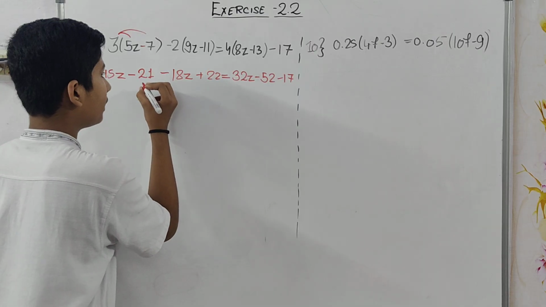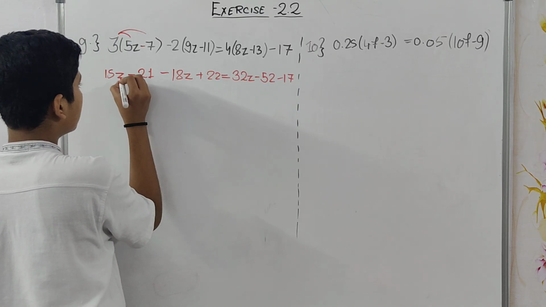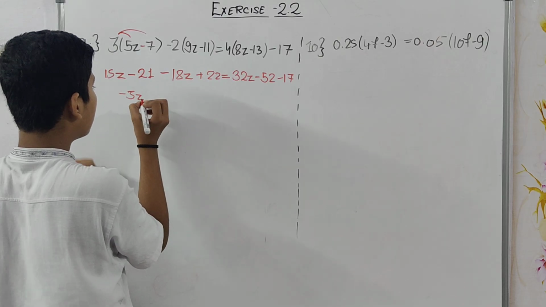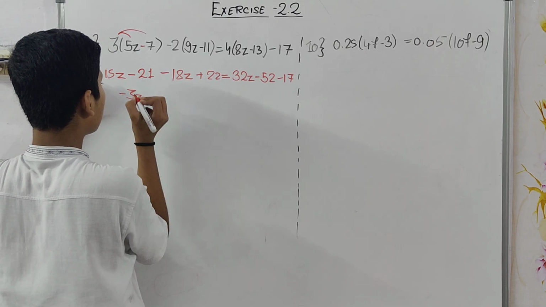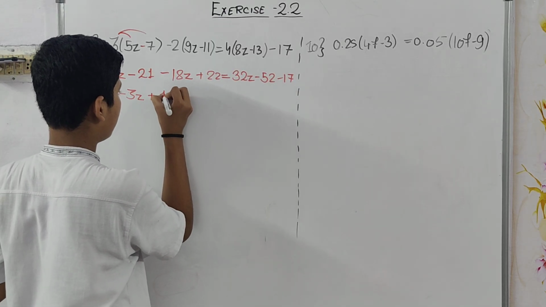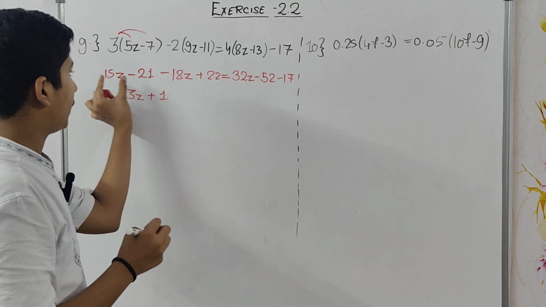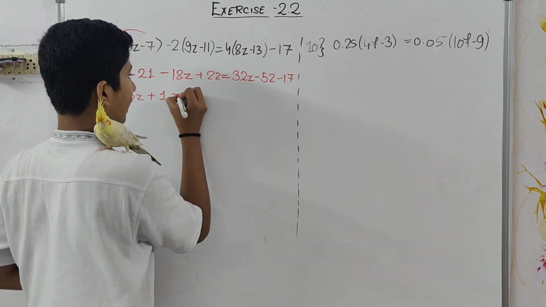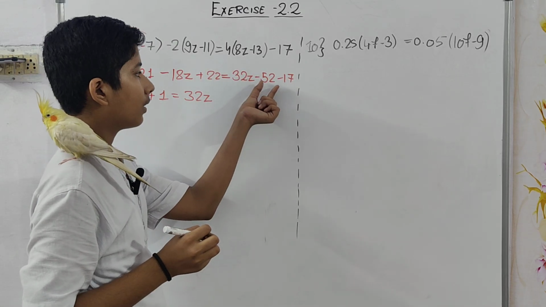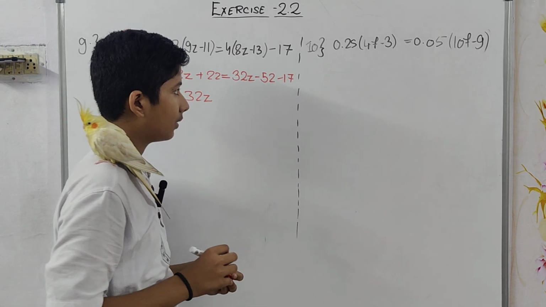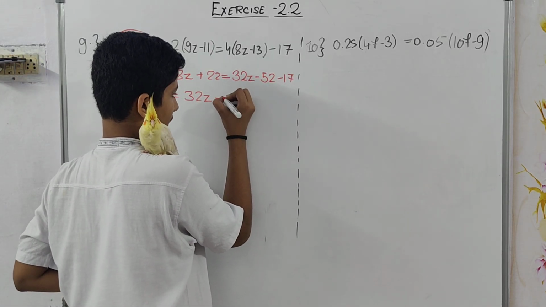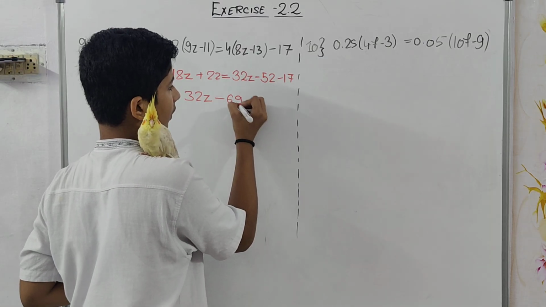Now we just solve this. So 15z minus 18z will be minus 3z. Okay. Minus 21 plus 22 will be plus 1. Will be equal to 32z. And this minus 52 minus 17. 52, 62, 72... minus 69.